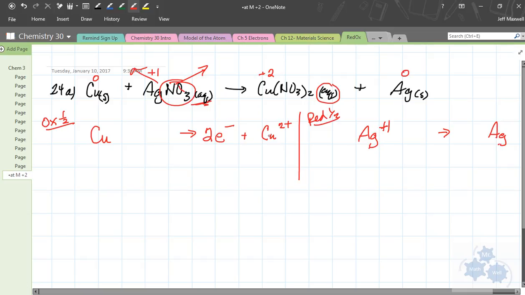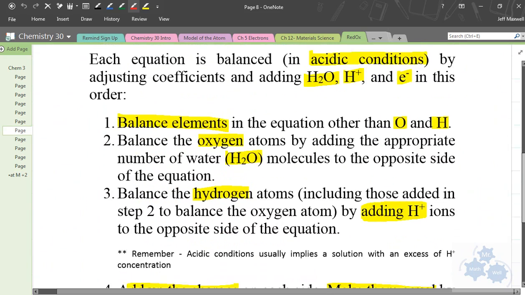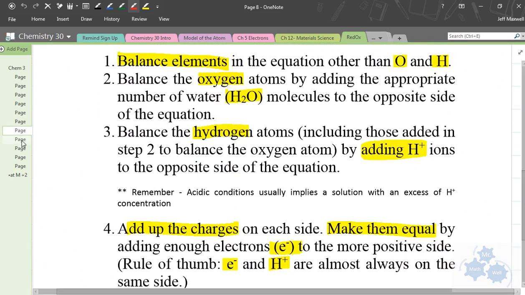Alright, so now both sides are equal. And where do we add the electrons over on this reduction half? And how many? 1 electron. Okay? You guys with me so far? Making sense? Okay. Alright, so that's number 4.